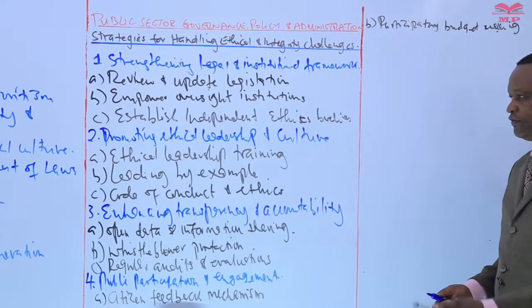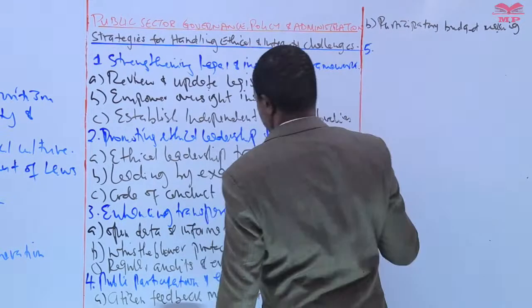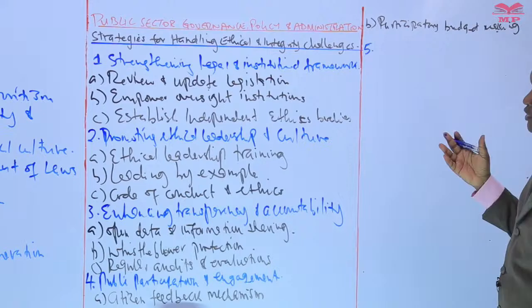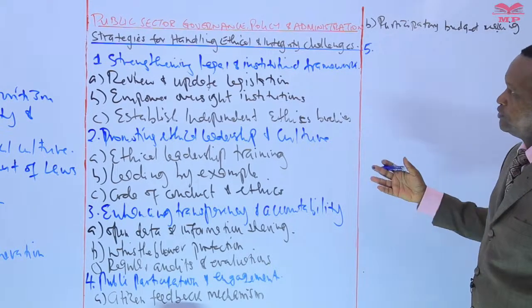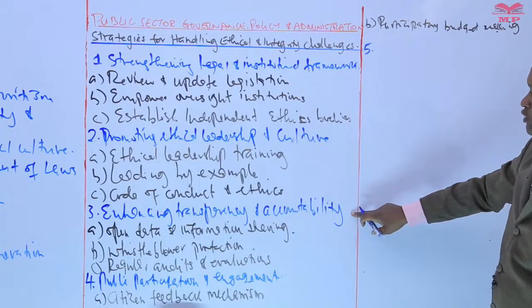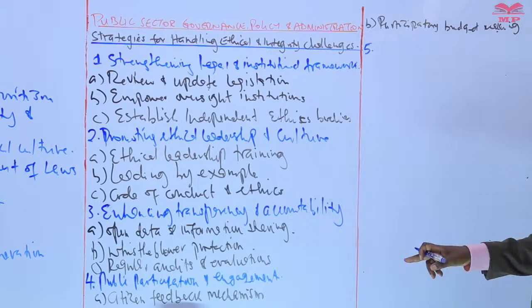Now, the fifth strategy, number 5, is, remember candidates, we are discussing strategies for handling ethical and integrity challenges. We've looked at strengthening legal and institutional framework, promoting ethical leadership and culture, enhancing transparency and accountability, and then public participation.